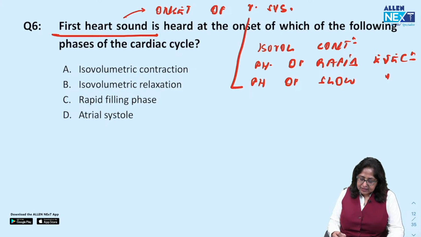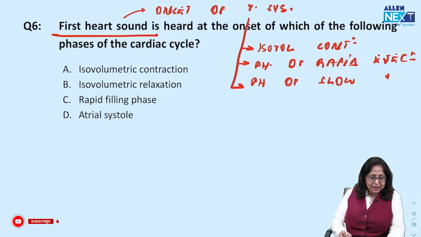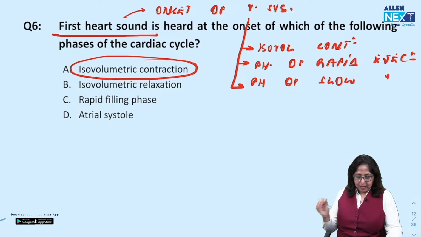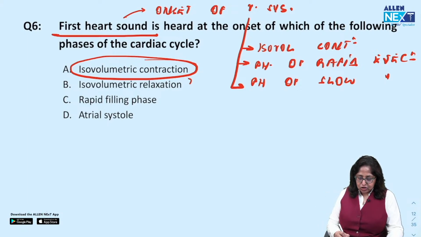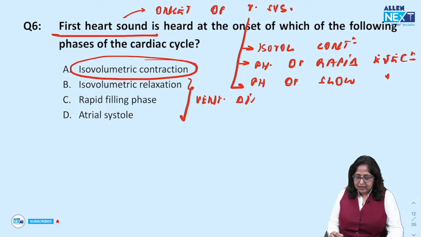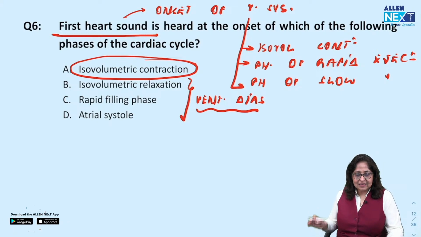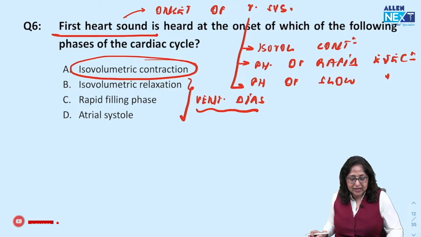So S1 will be heard at the onset of isovolumetric contraction. Remember, isovolumetric relaxation, rapid filling phase, and atrial systole all happen in ventricular diastole, right?